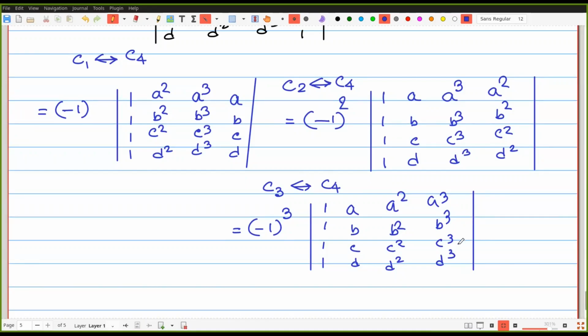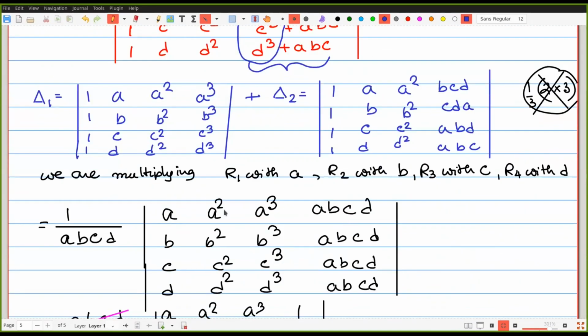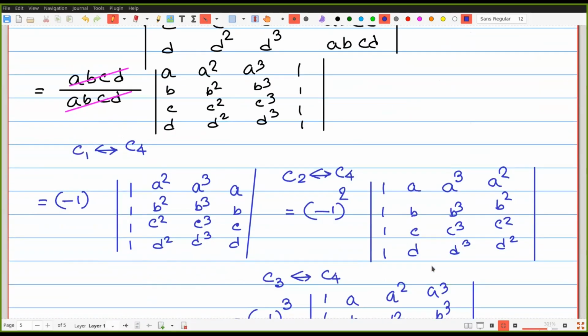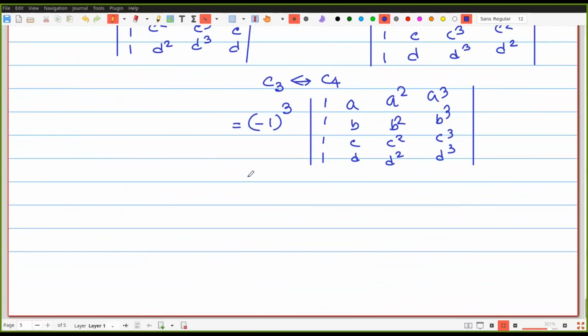Now look at the delta 1. That is the delta 1. So we can write minus 1 whole to the power 3. So that means minus, and that one is our delta 1.